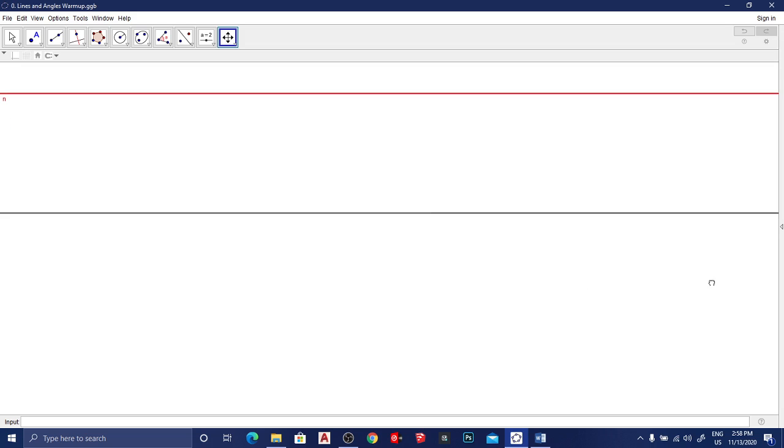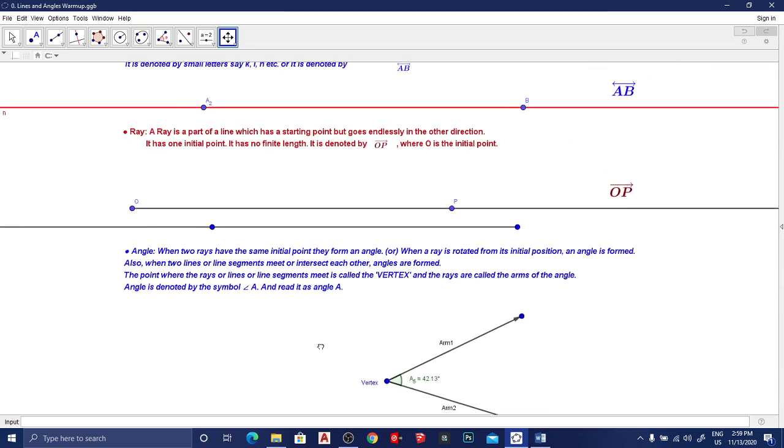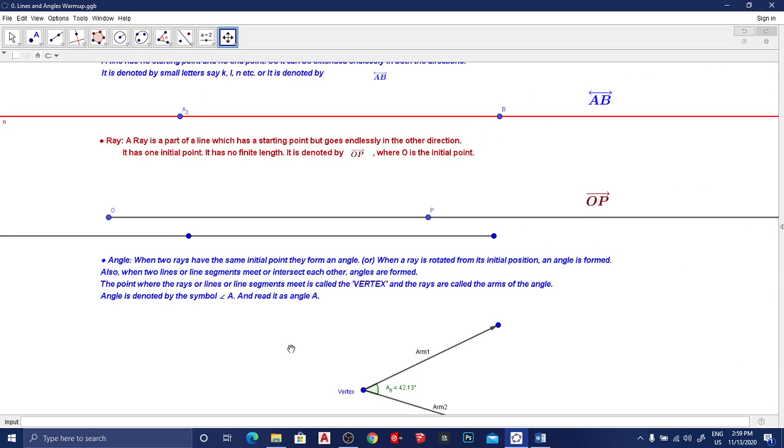So these are called rays. Also you have to remember that any ray is indicated by this single side arrow mark. Single side arrow only you will take here. This is OP ray. You have to read it as ray OP or OP ray.